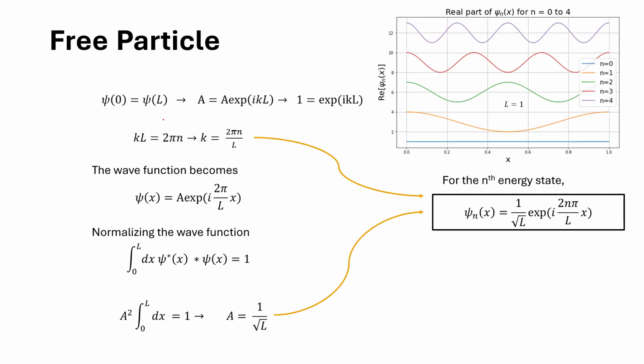So let's plug this expression into this formula. Then we get a is equal to a times exponential of i k L. Then that means 1 is equal to exponential of i k L. Then it gives us kL is equal to 2 pi n.